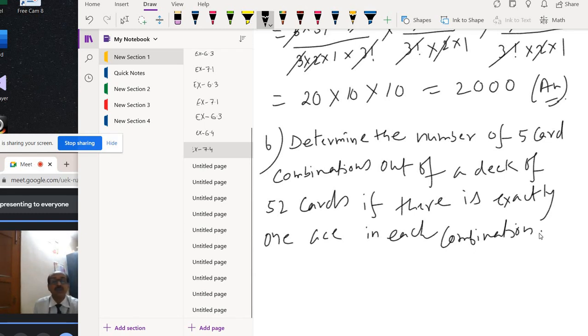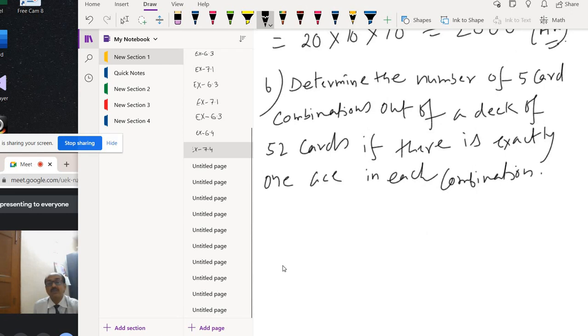Okay. So here, determine the number of 5 card combinations out of a deck of 52 cards, if there is exactly one ace in each combination. Now 5 cards needed, so it will be the combination of 4 cards, that is of aces. So there are 4 aces, and the other 48 cards are there.